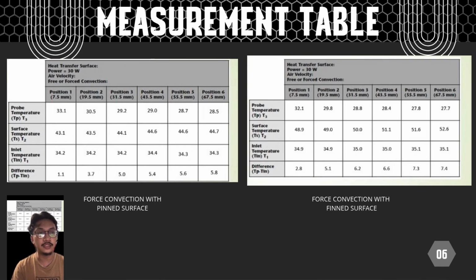This shows that heat transfer becomes more significant at a larger distance from the starting point. For the second table, a similar trend can be observed where the probe temperature decreases while the temperature difference increases. Overall, the results show the relationship between temperature distribution and heat transfer along the surface during convection.